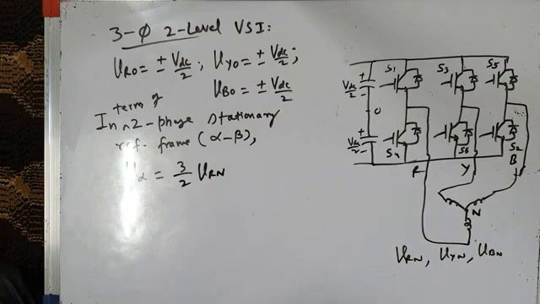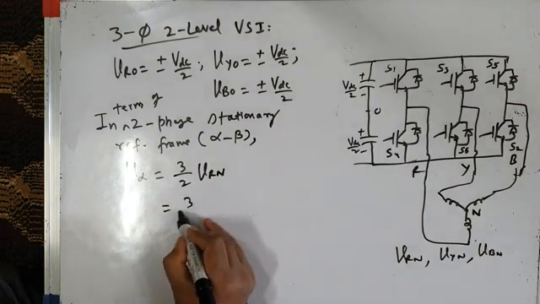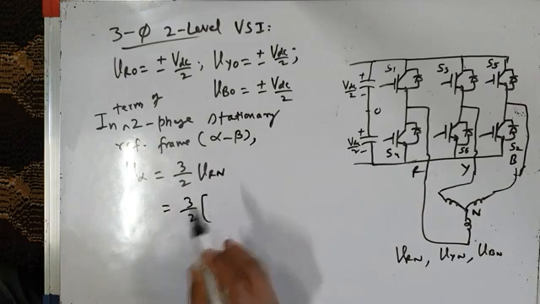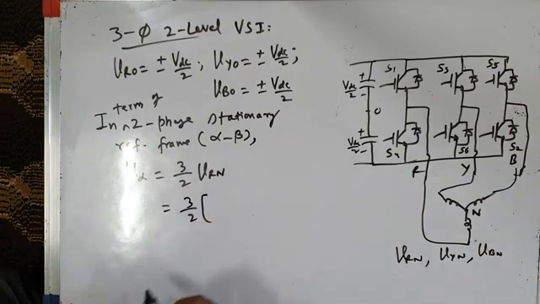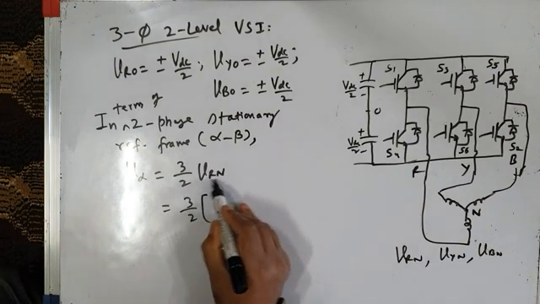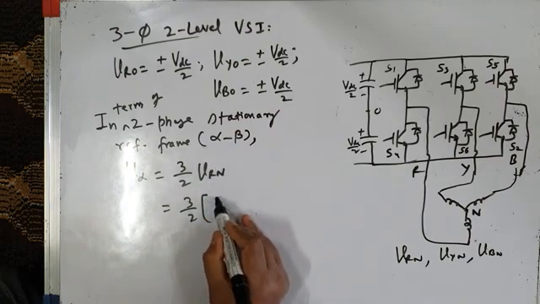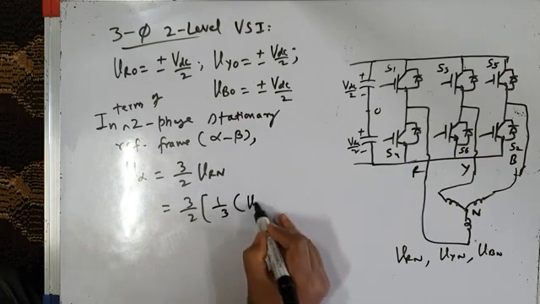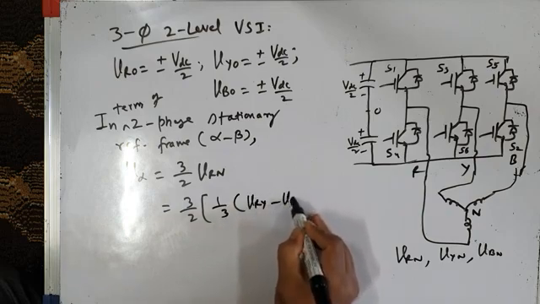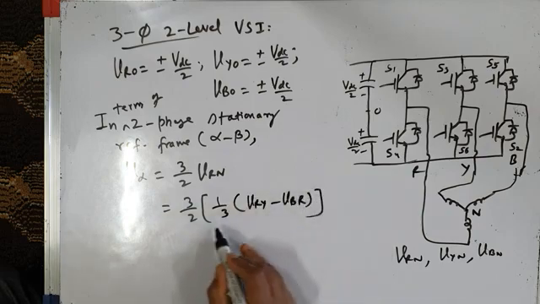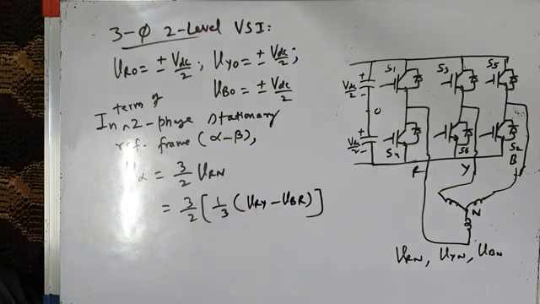And that is equal to 3/2 times, if you remember from one of the previous classes, this phase voltage VRN can be written in terms of line voltage as 1/3 times VRY minus VBR. You must have already studied it in the six-step voltage source inverter.